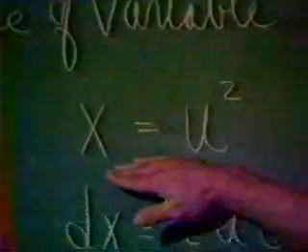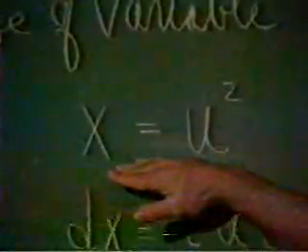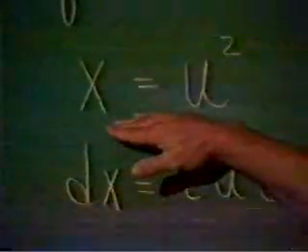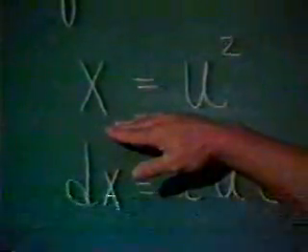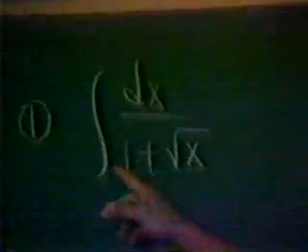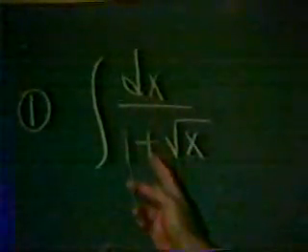But the one catch is this. If you replace x with u squared, then you must also replace every other expression that involves x. And looking quickly back at our problem, we had the antiderivative of, in the denominator, 1 plus the square root of x, but in the numerator, dx.